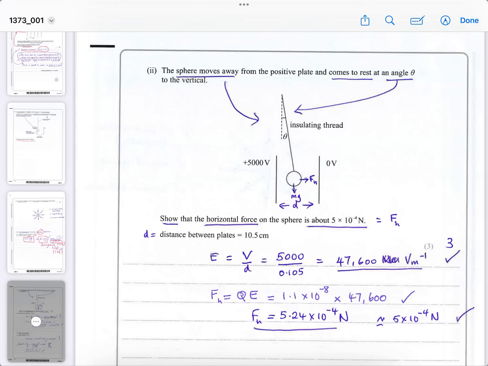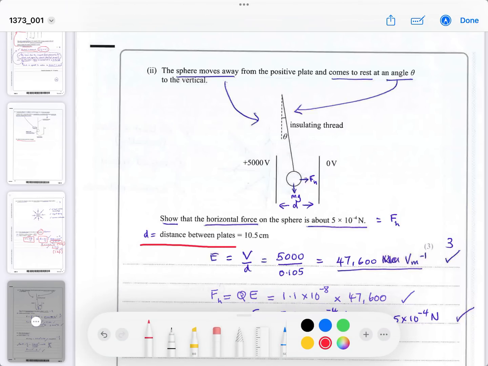If we want to know what the horizontal force is, first of all, you know the field strength is equal to the voltage divided by the separation, and they have kindly given us the separation between the plates. This is the equation in a uniform field, and a uniform field is the field in between 2 plates.